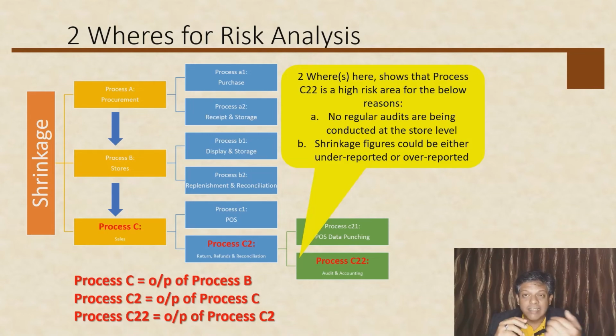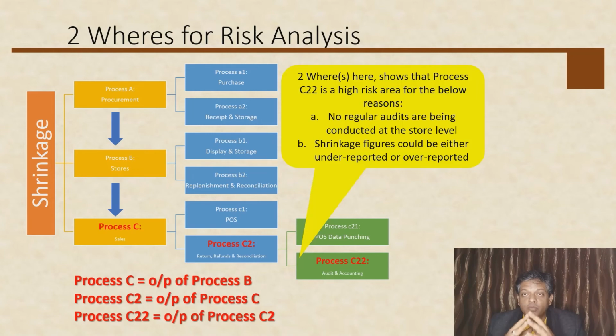So you further split it into its own input and output, which is shown as process C21 and C22 in the green boxes, which is basically about point of sale data punching, which is the input for process C2, and the output of process C2 will be process C22, which is basically auditing and accounting, because once the sale is done, the close of business is done, you obviously need to file your papers, keep your accounting in order.